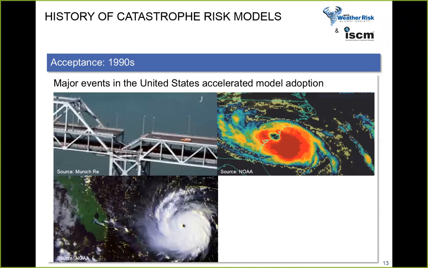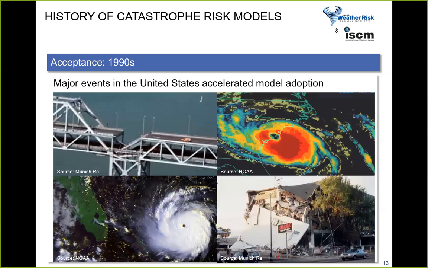Then 3 years later, Hurricane Andrew did indeed devastate southern Florida and coastal Louisiana to the tune of $16.5 million in 1992 dollars, followed 2 years later by the Northridge earthquake in the Los Angeles area, which cost $12.5 billion. So suddenly, these models were shown to have skill.